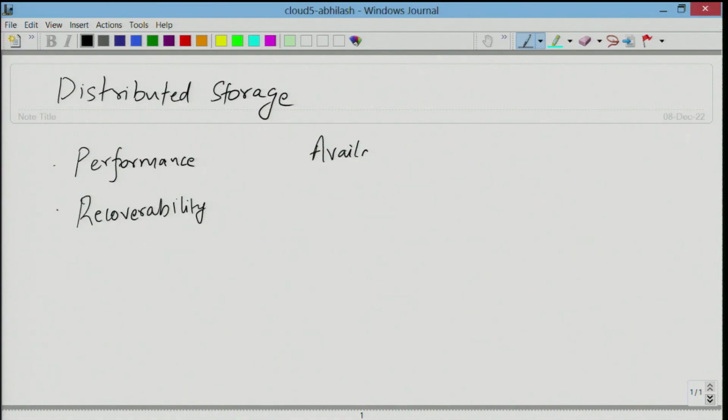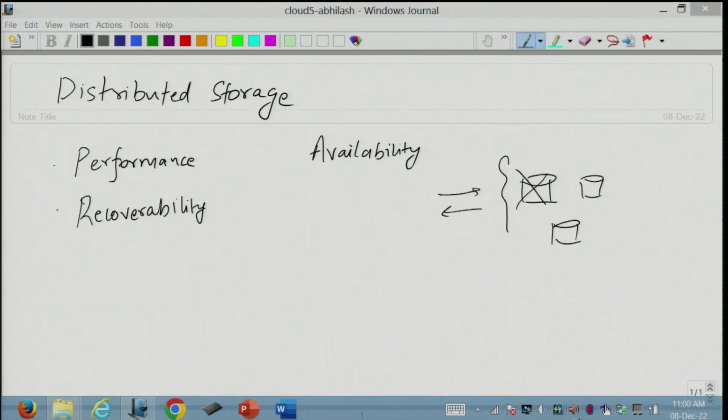So we would really care about availability, right? Your data is split across multiple disks, and users are writing and reading to the disks, and these disks can be crashing at any time, right?